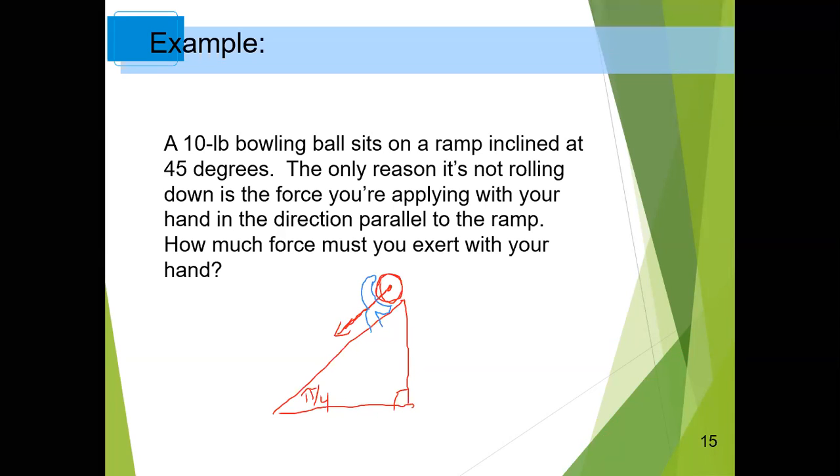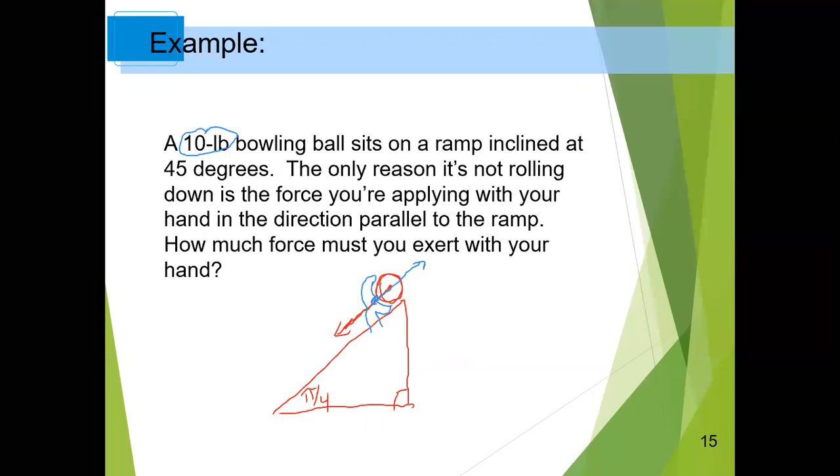And my hand has to exert some kind of force in this direction to keep the ball in place. Yes? This thing weighs 10 pounds, but of course those 10 pounds are coming from gravity. There isn't necessarily going to be 10 pounds of force going down that ramp.